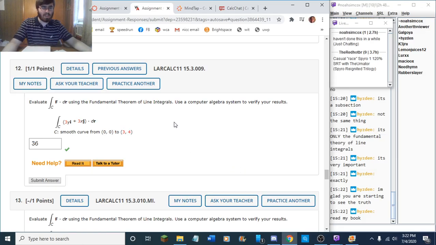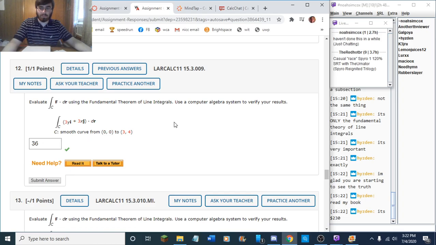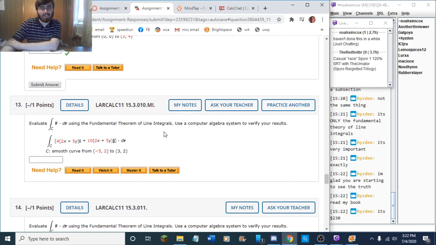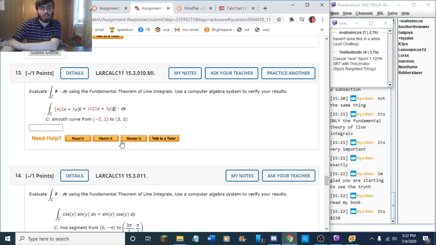But what is the actual correct way to do it? Read your $230 book. What is your book called? Also, this question has a master thing, so that'll make it a lot easier to solve.